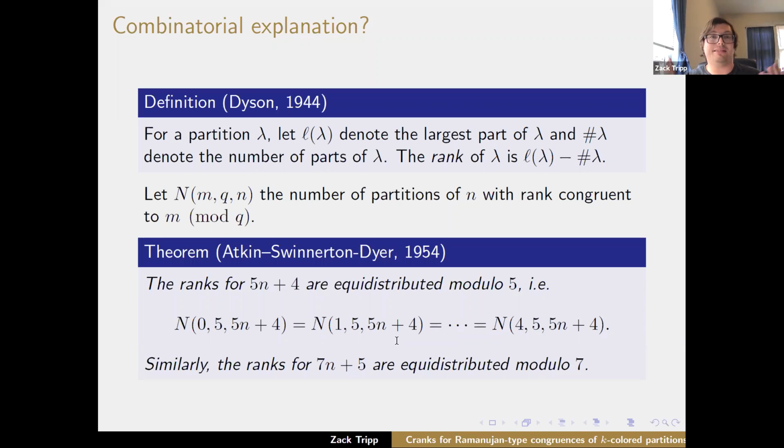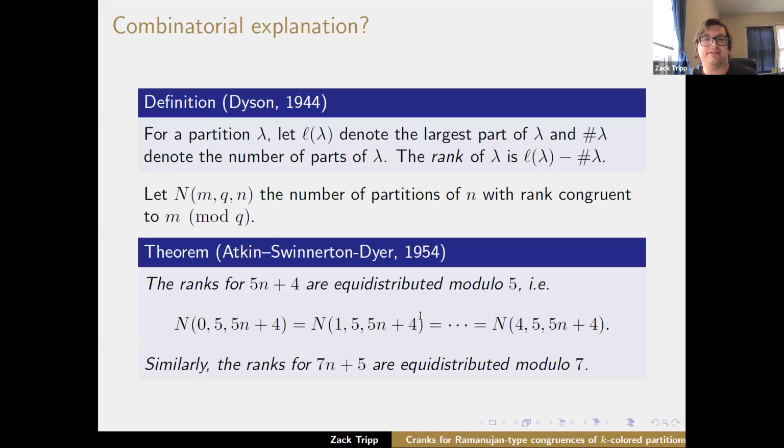It turns out all those bins have the same number of partitions, which, if you have 5 bins with all the same number of partitions, means the total number of partitions must be divisible by 5. And this holds as well for ranks for 7n plus 5. So we say this is equidistributed modulo 5 or modulo 7, meaning the number congruent to 0, 1, etc. are all equal.